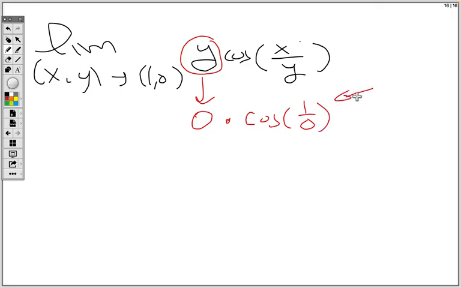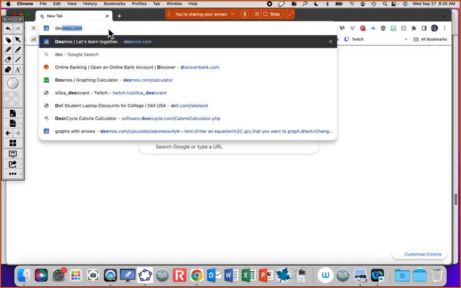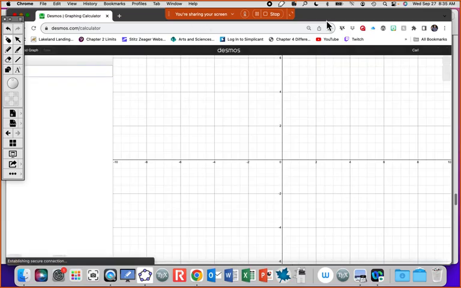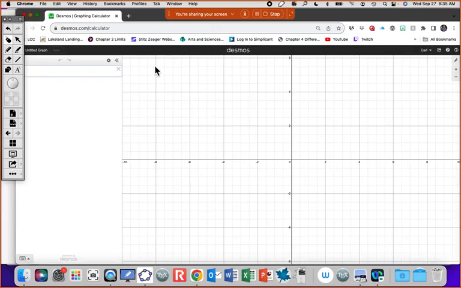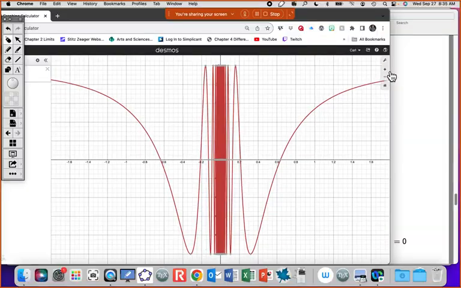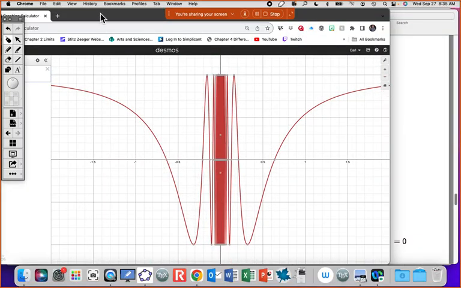If we look at what that's doing on its own, you might remember this is one of these classic examples from Calc 1. If you look at cosine of 1 over x, just to see, as you get into 0, this is going to oscillate infinitely often.